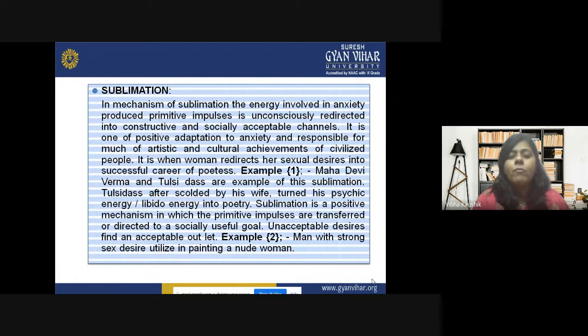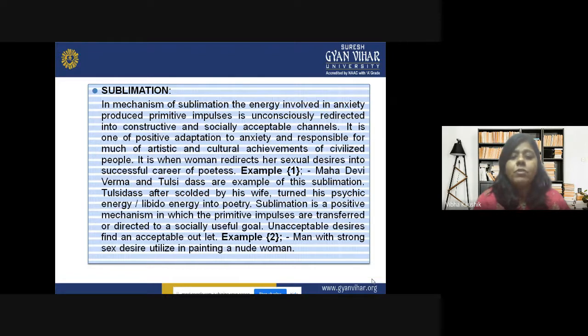It is one of the positive adaptations to anxiety and is responsible for much of the artistic and cultural achievement of civilized people. It is when a woman redirects her sexual desires into a successful career as a poetess. Example one: Mahadevi Verma and Tulsidas are examples of this sublimation.